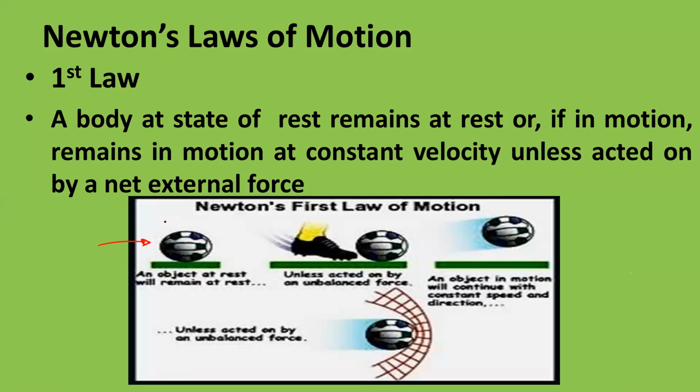At this condition, the net force acting on this object, in the x direction or in the y direction, is 0. As the force is 0, the object will remain in the state of rest. So here the velocity of the object is 0. That is the rest condition.